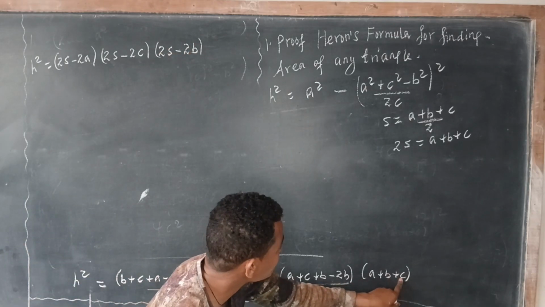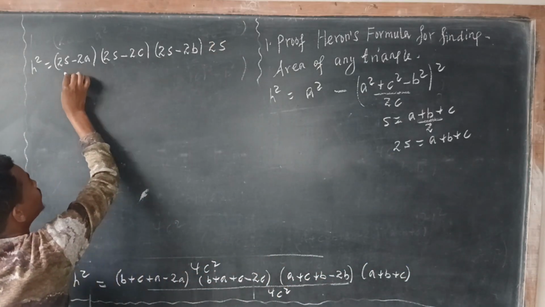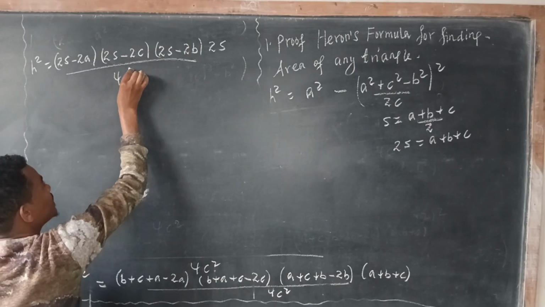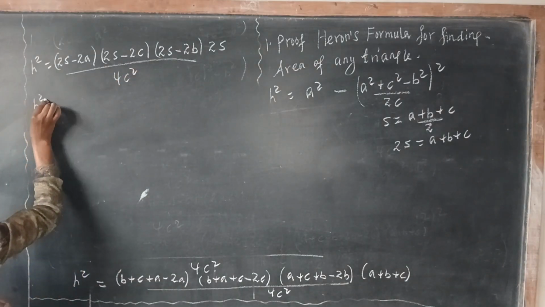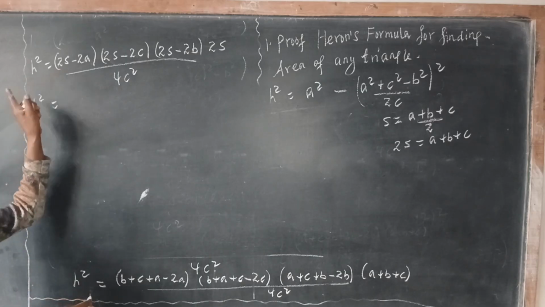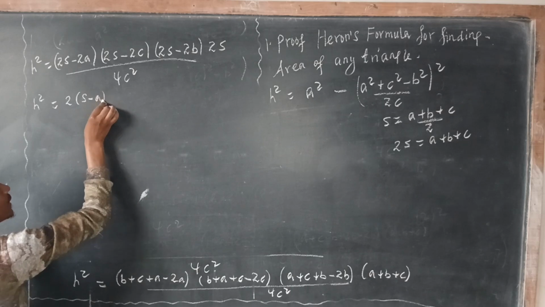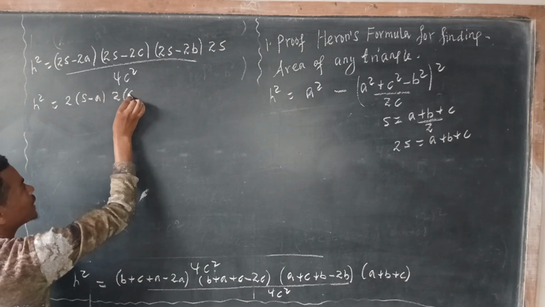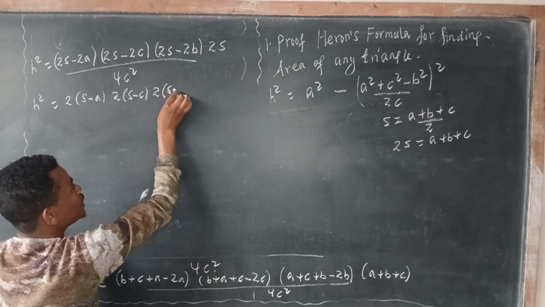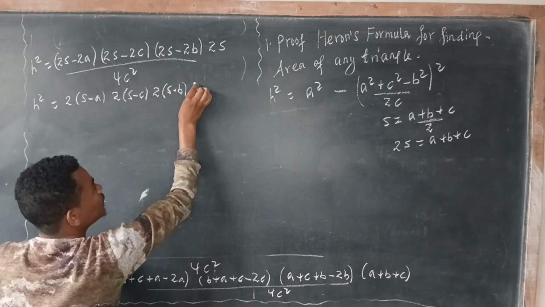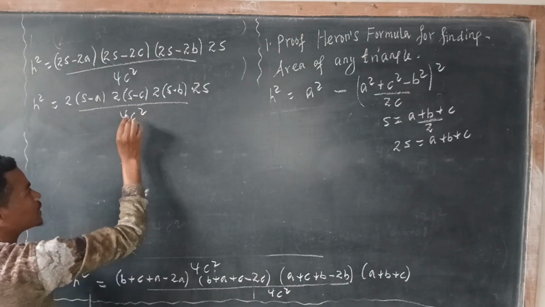a plus b plus c is 2s, over 4c square. Now this is the same with h square is equal to, taking 2 as common, 2 into s minus a, 2 into s minus c, 2 into s minus b, times 2s over 4c square.